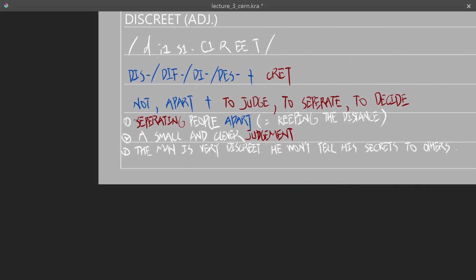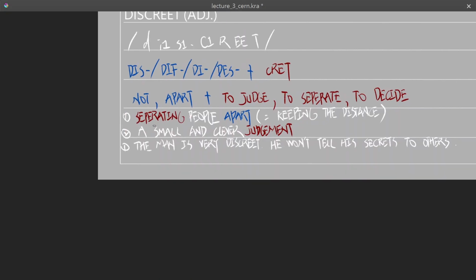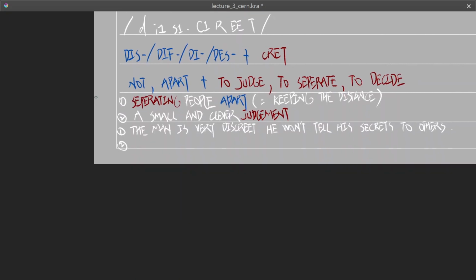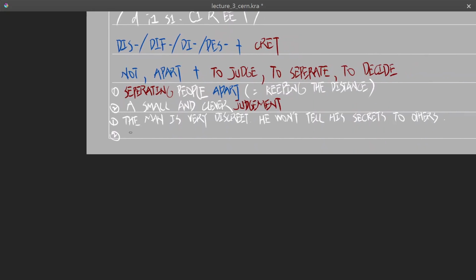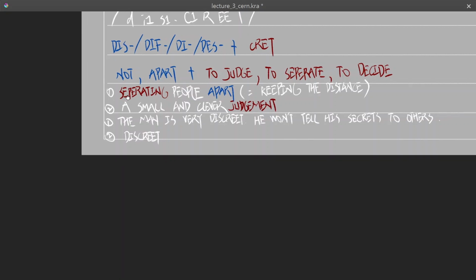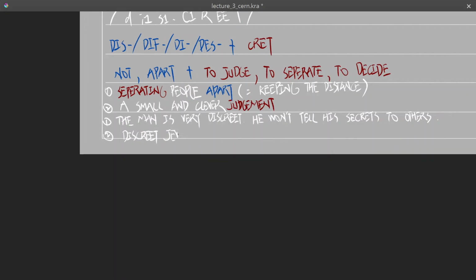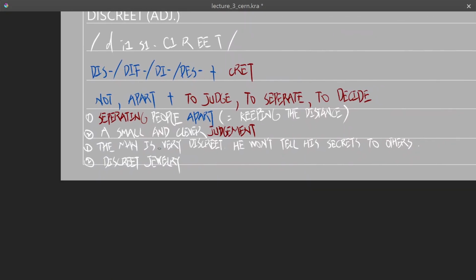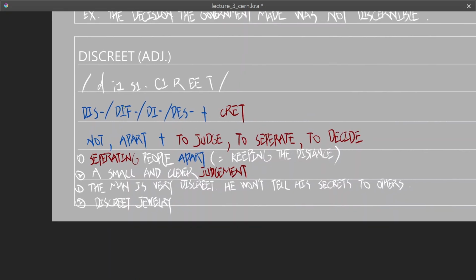But it's a small and clever decision that's going to change something. So we have an example, discrete jewelry. It is some kind of jewelry that is designed by small and clever judgment. All right. Next.